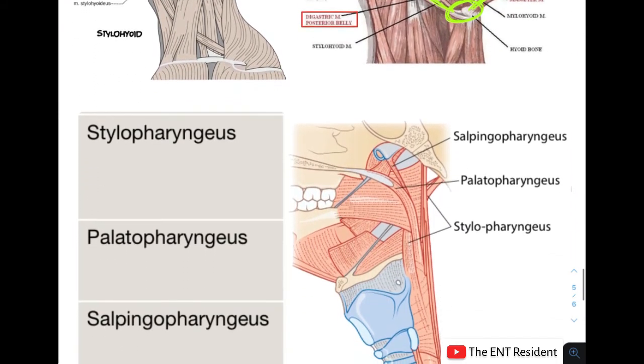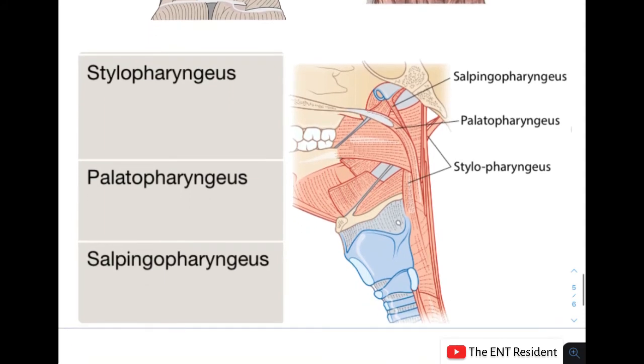Lastly, we come to the primary elevators of the larynx, which are the Stylopharyngeus, Palatopharyngeus and the Salpingopharyngeus. This is something that I have already spoken about in my video on the muscles of the pharynx. You can check my video out. I have spoken about the origin, the insertion, the nerve supply and the action of the muscles in great detail over there.